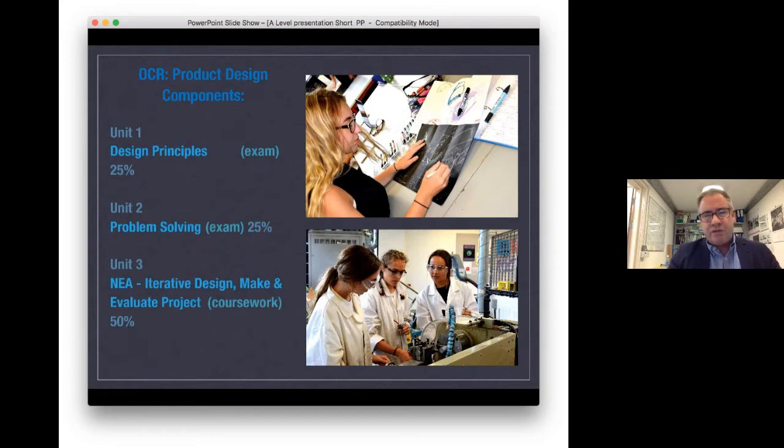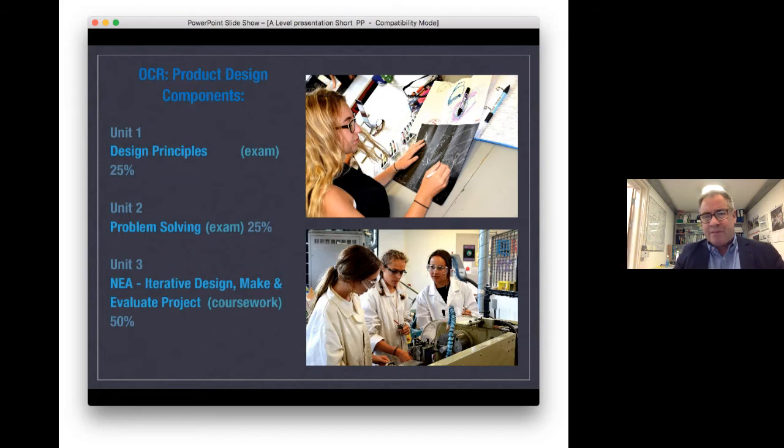So you can choose a theme of your interest, whether it be Durrell or marine conservation, or a certain sport that you're interested in, or scientific area. You can choose whatever theme you like to find that context, and then go and see stakeholders and identify your design briefs from there. But as I say, this will be much more in depth, and we pride ourselves in really big prototypes and innovative results.